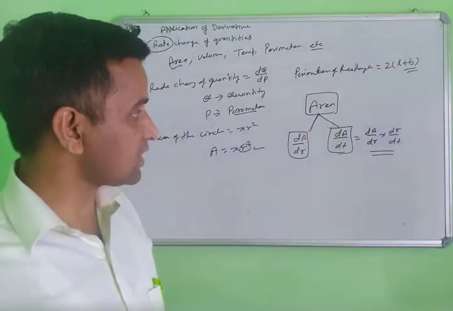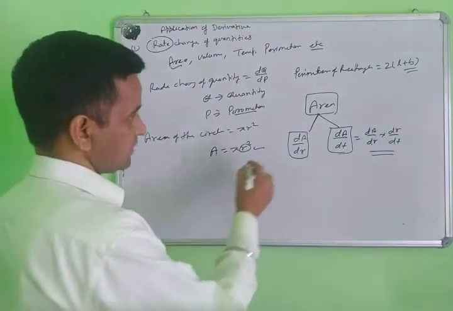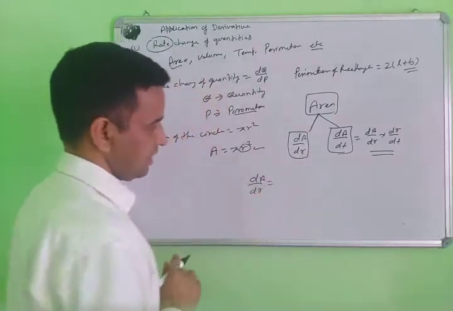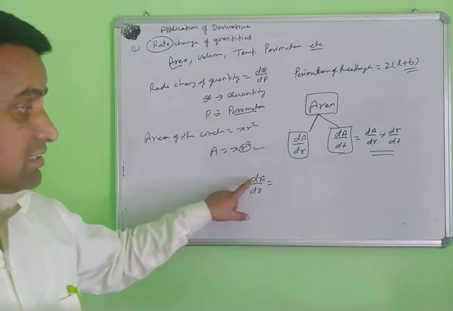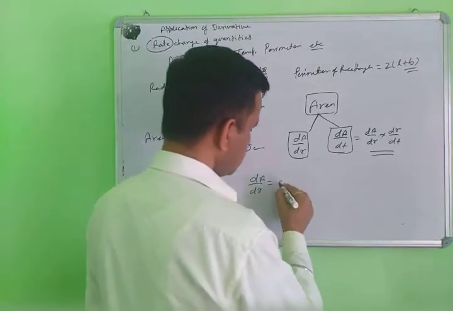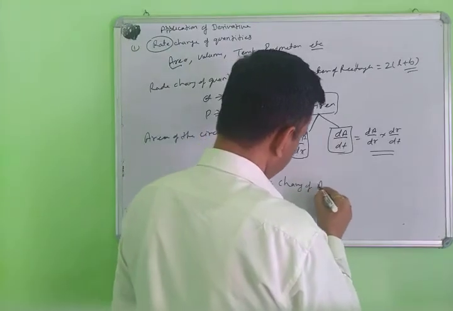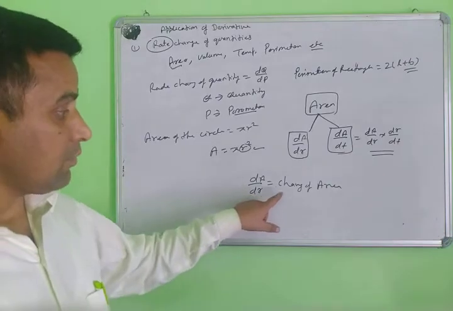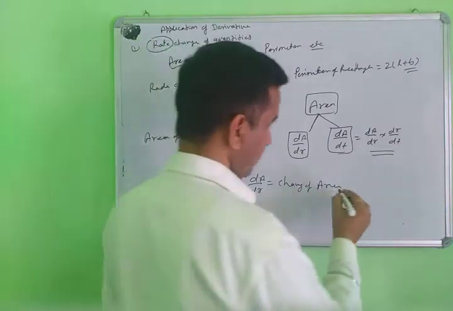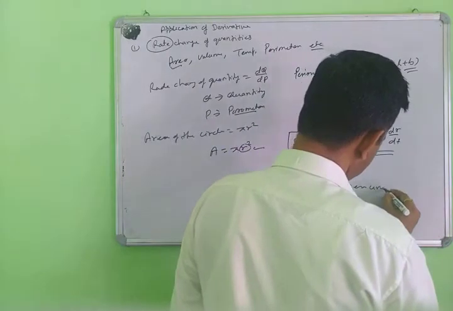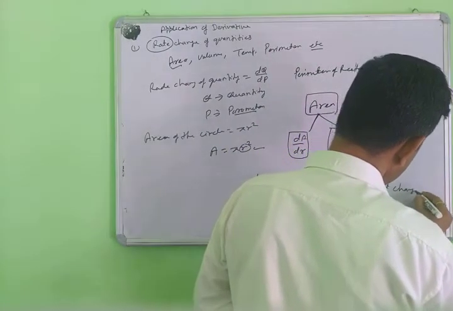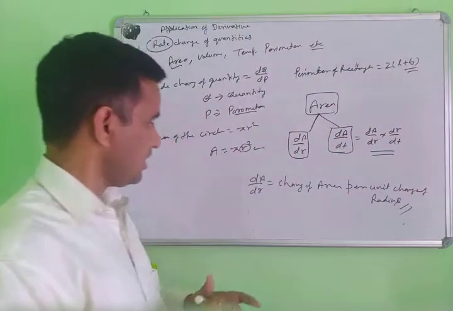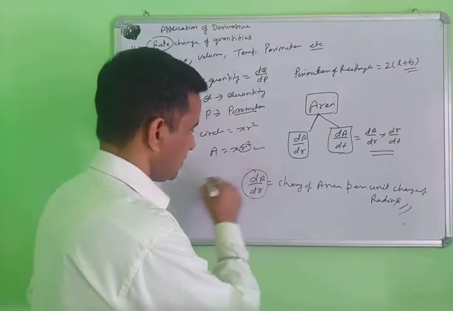So what is the change here? Suppose you are taking dA over dr, any parameter here. What is the meaning of this?